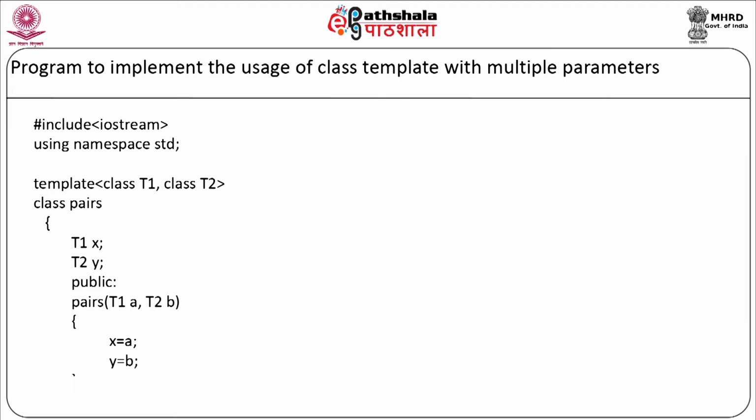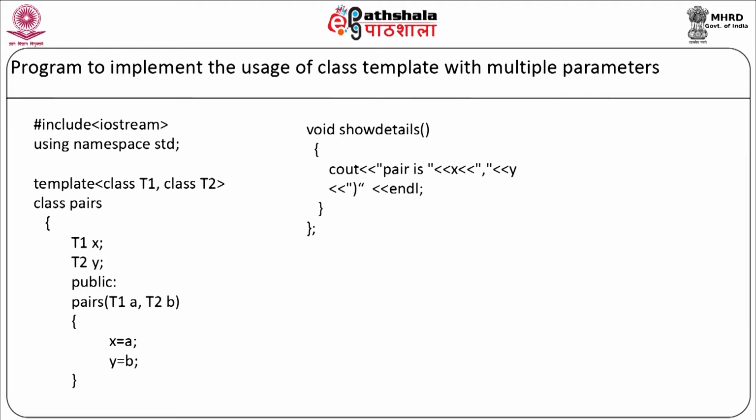Start with the pairs function: x equal to a, y equal to b. End of the pairs function, which is basically the parameterized constructor. void showdetails(). We will start with the member function showdetails: cout, the pair is (x, y), endl, and our class will end.